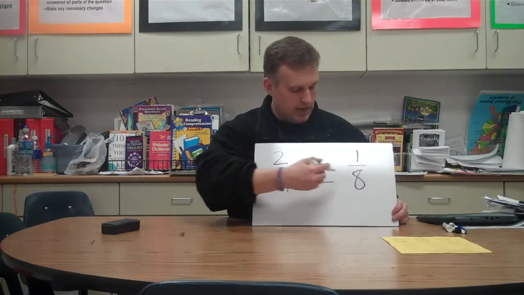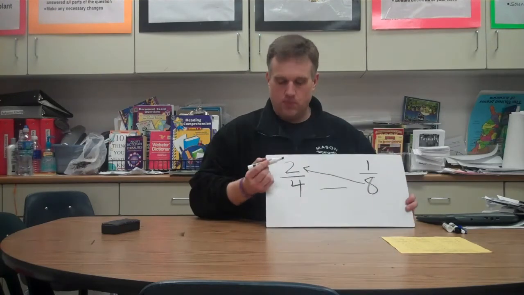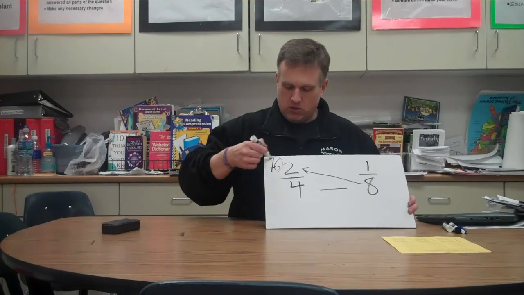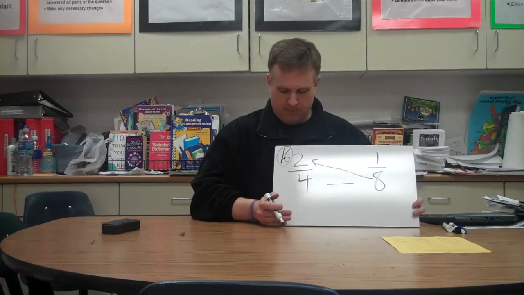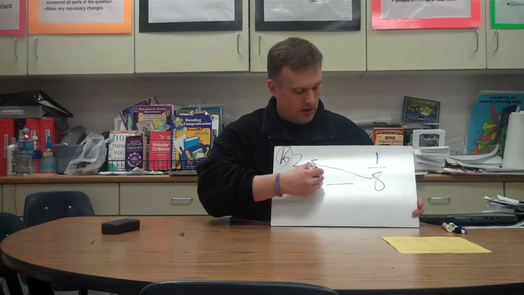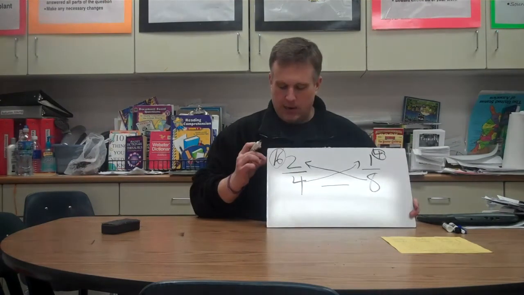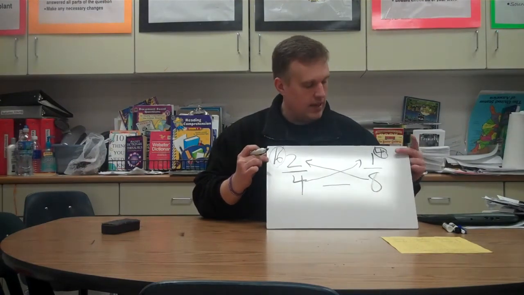2/4 and 1/8. Okay? So again, I'm going to cross multiply. 8 times 2, which is 16. I can circle it so I don't get mixed up with the other number. Then I do 4 times 1, which is 4. And I compare the two numbers, 16 and 4.